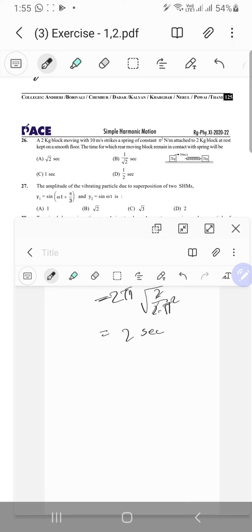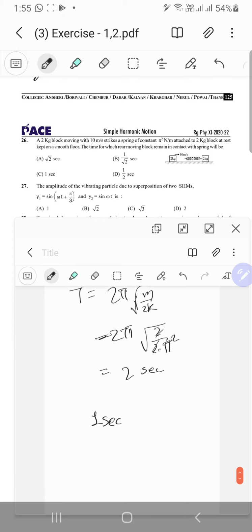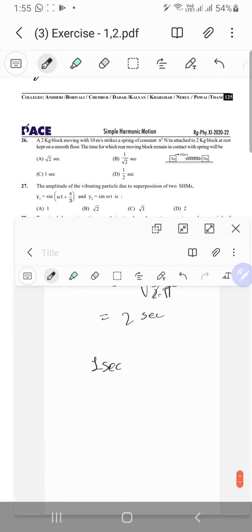Whenever it's at the natural length, isn't that the equilibrium position? Yeah, that's the equilibrium position. So it will come back at T by 2 time, so it's gonna be 1 second. It takes 1 second for it to compress and then go back once again. Correct. So yeah, 1 second.